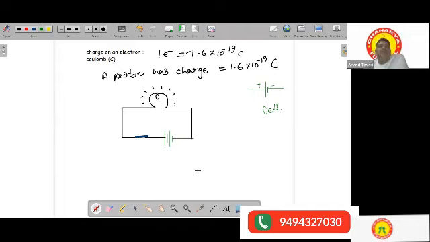In reality, whenever we see a cell, we see a cylindrical object like this.